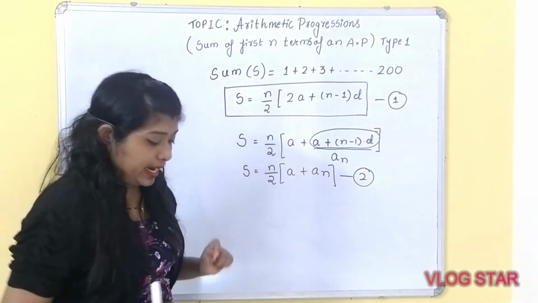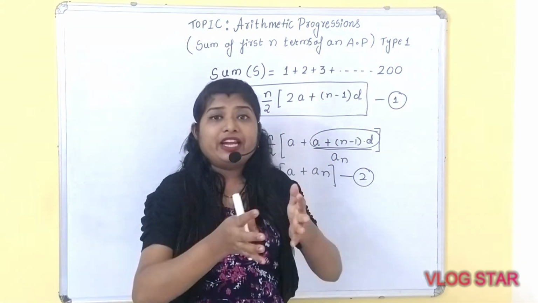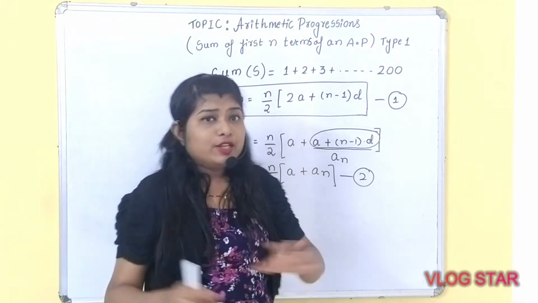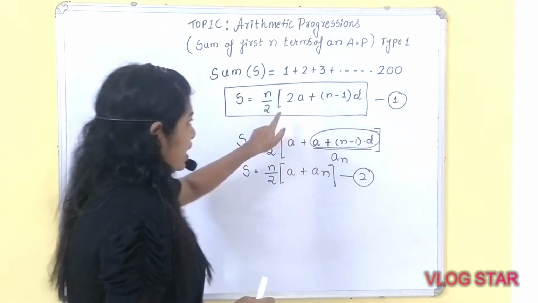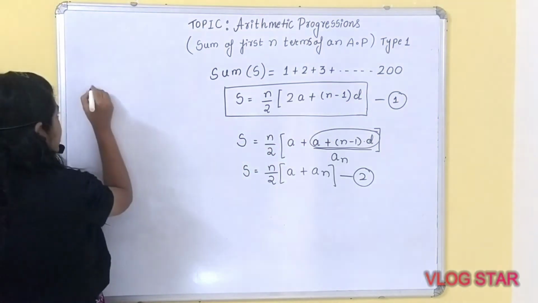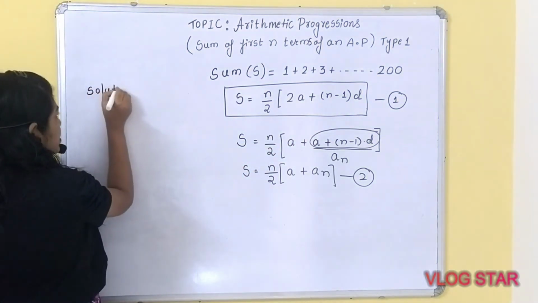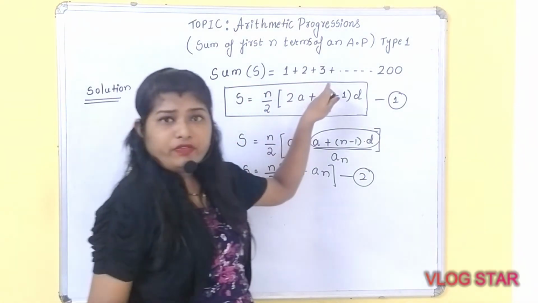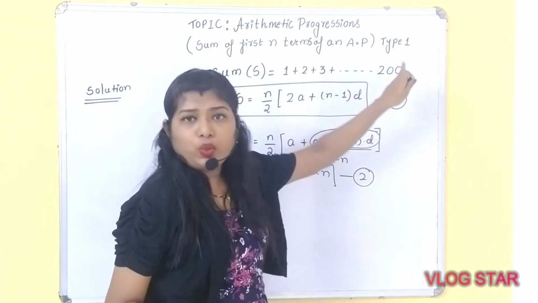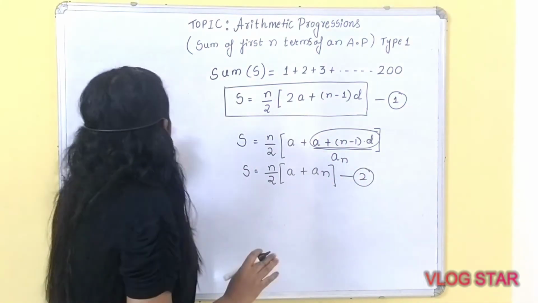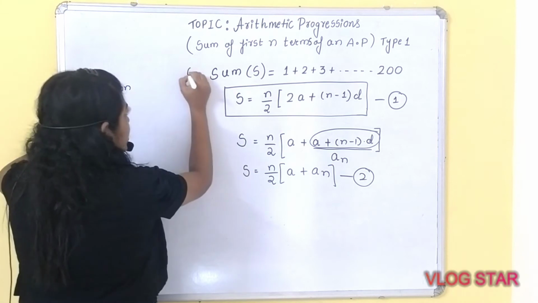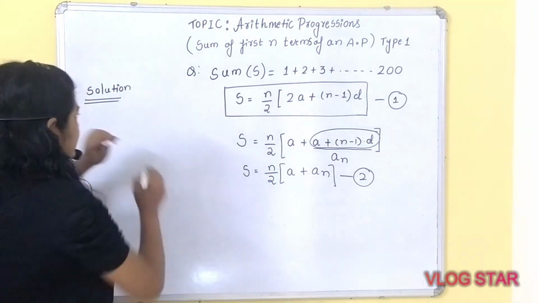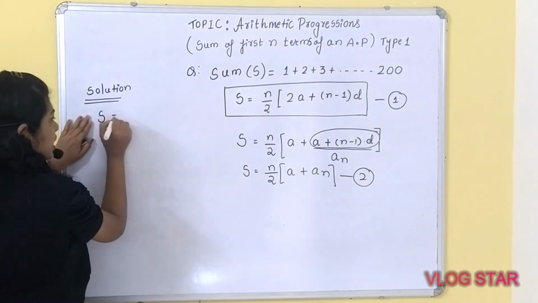Now, as I said, we have to find the sum of the numbers from 1 to 200. So as per the first formula, let's consider the solution. What was the question? We have to find the sum of 1 plus and so on till 200. Solution: S, that is the sum.